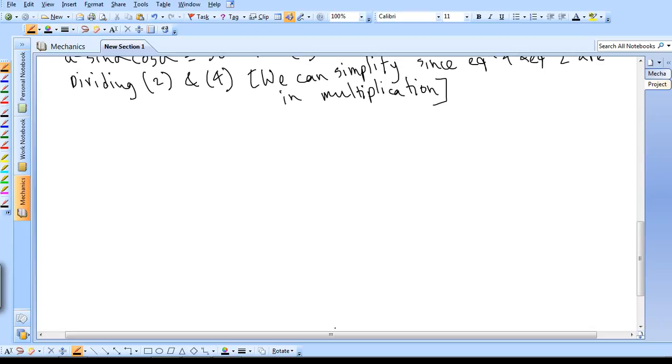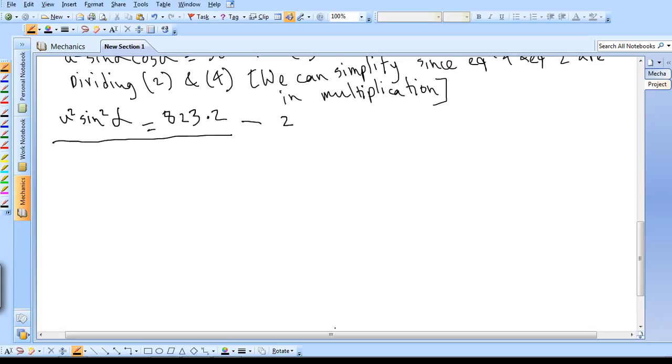So now let us see. Now we are going to divide equation 2 and equation 4. In equation 2 it is u square sine square alpha is equals to 823.2, divided by, so this is the equation 2, and we are dividing this with equation 4.